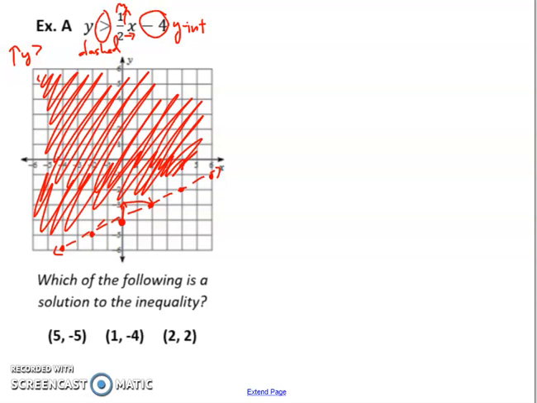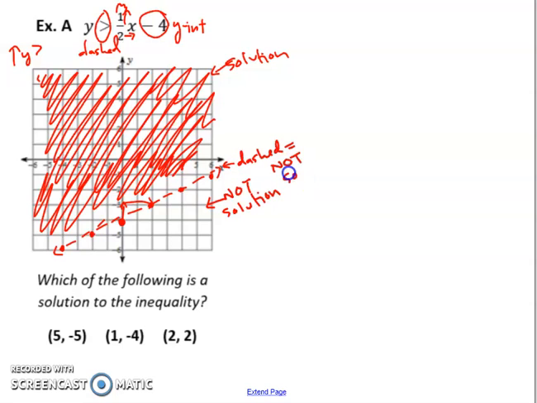Anything that's above there is part of our solution. This part is not the solution. And remember, dashed means not solution either. So if it's on the line, it's not part of our answer.